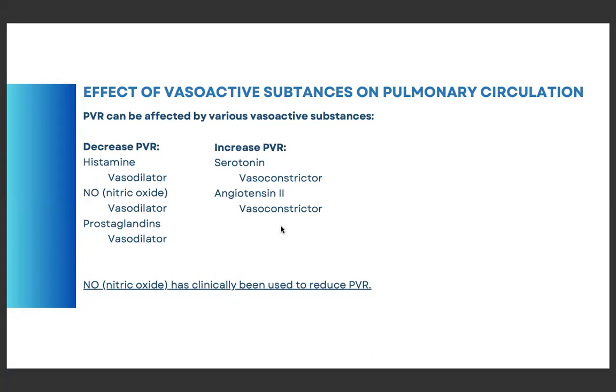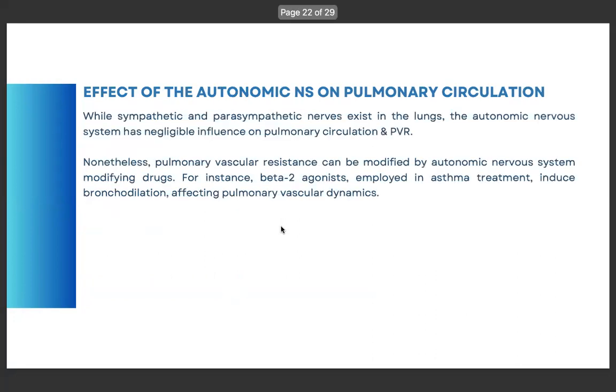Now, please note that all of these substances have little to no clinical significance apart from nitric oxide, which has clinically been used to reduce the pulmonary vascular resistance. While sympathetic and parasympathetic nerves exist in the lungs, the autonomic nervous system has negligible influences on pulmonary circulation and pulmonary vascular resistance.